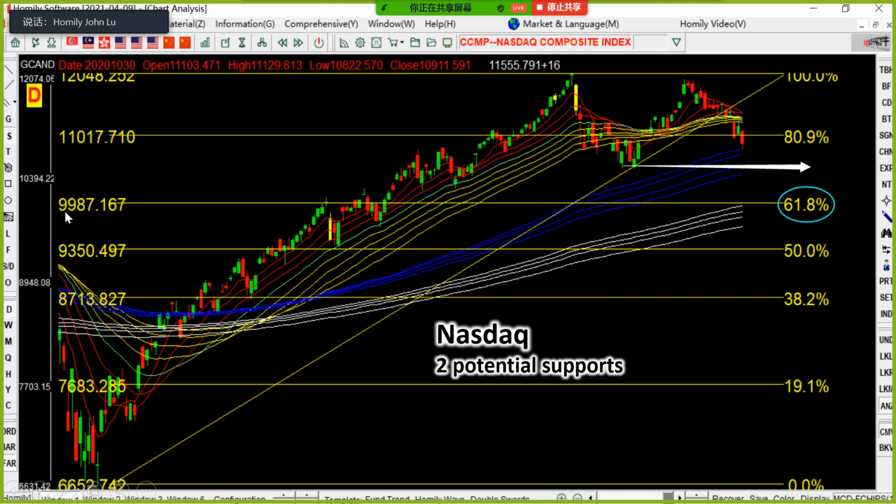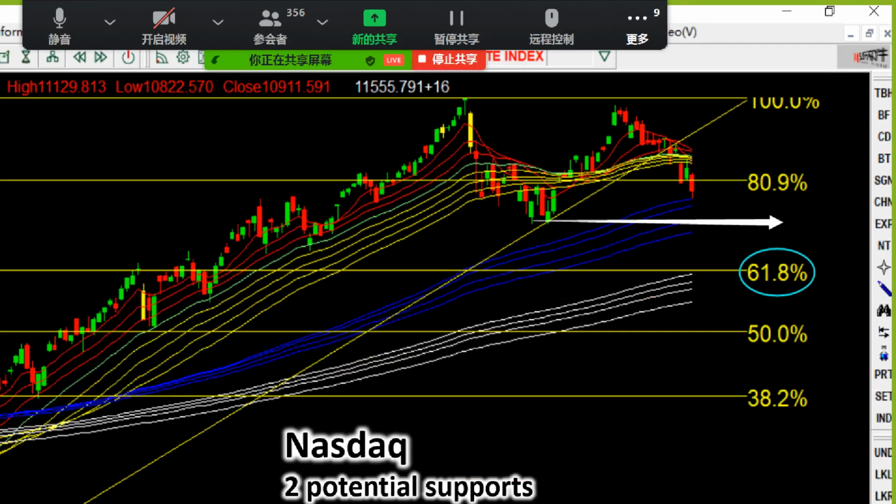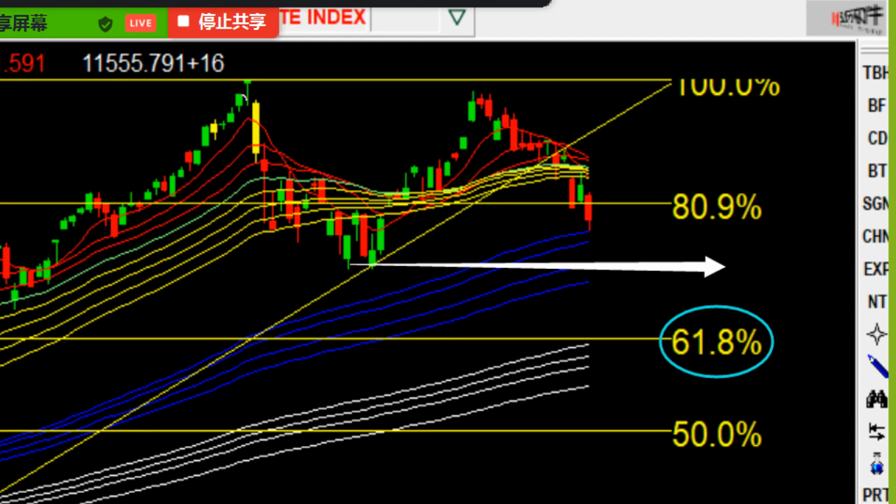You can see the number is just around 10,000. Then maybe somebody wants to check the previous low around here. This is the next potential support. Now we are here. According to the yellow rainbow, we have already crossed down the yellow rainbow here. So that is a bearish signal for the medium term and long term, maybe also the uptrend.